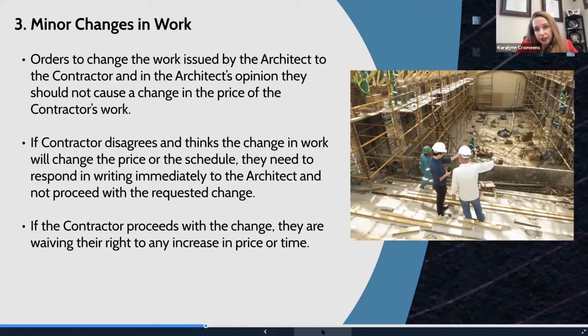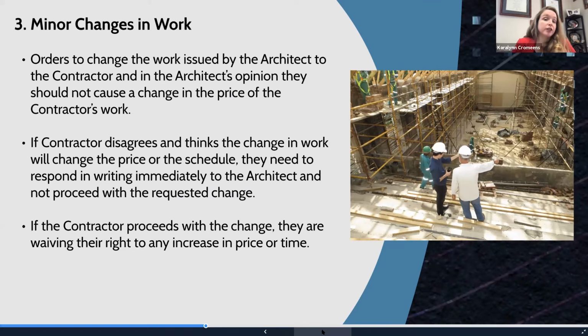All right, minor changes in work, which are changes which in the architect's opinion should not increase the contractor's time or price. What happens is the architect and owner issue the contractor a minor change in work order, which says do XYZ or remove XYZ.